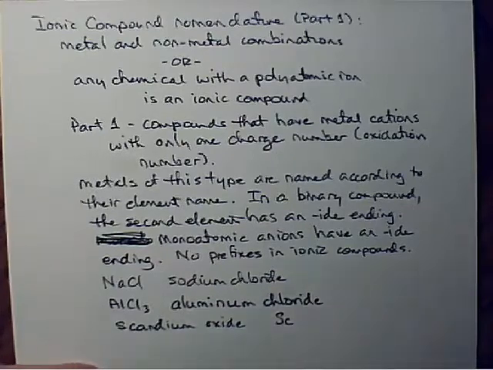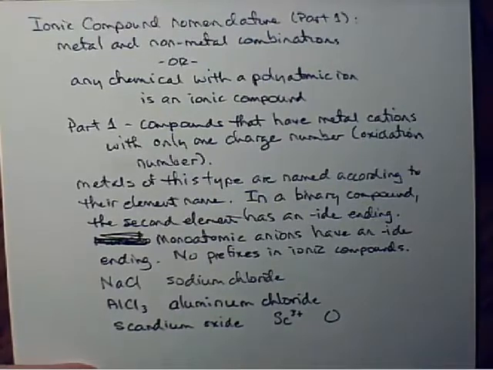So scandium is in column 3B of the periodic table. All of those elements have a 3 plus charge. Oxygen always has a 2 negative charge. If we called it peroxide, it would have a 1 negative charge. But since we're calling it oxide, it has a 2 negative charge. I need a compound that's going to have a neutral charge.